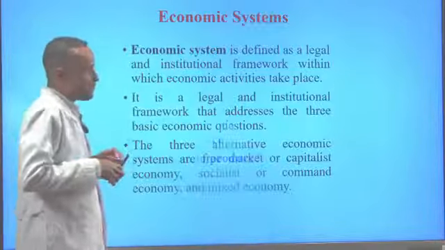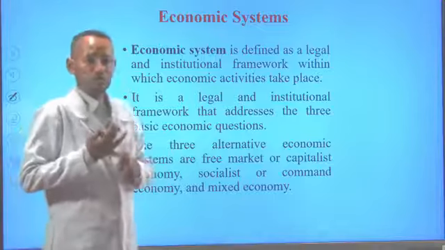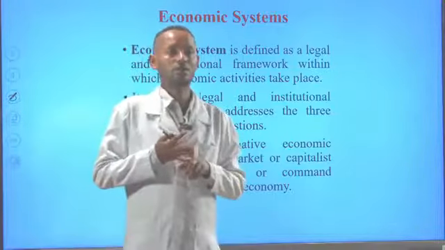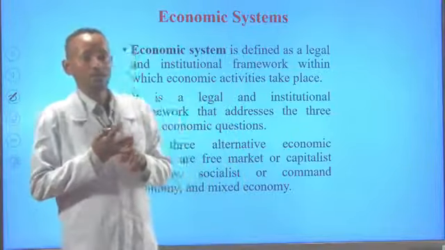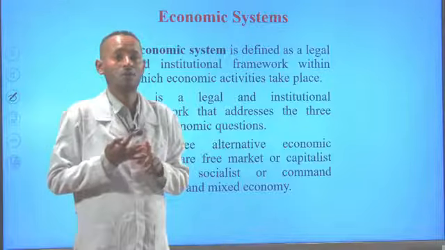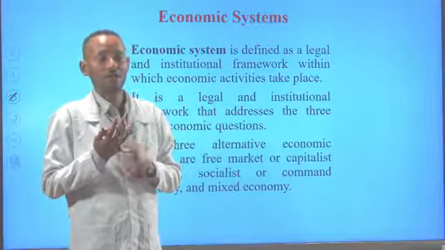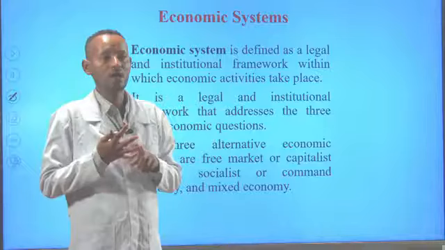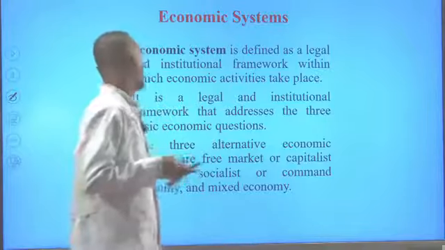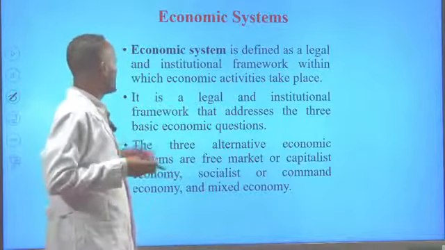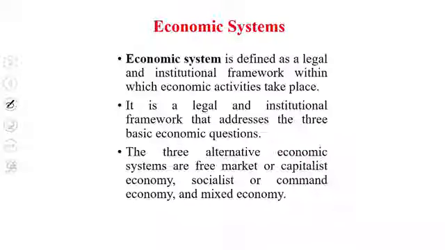Now, the 3 basic economic questions, what to produce, how to produce, and for whom to produce, are addressed by the 3 alternative economic systems called capitalist economy, command economy, and mixed economy. An economic system is defined as a legal and institutional framework within which economic activities take place. It is a legal and institutional framework that addresses the 3 basic economic questions.